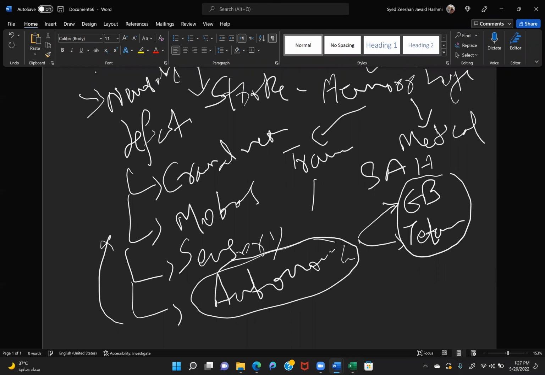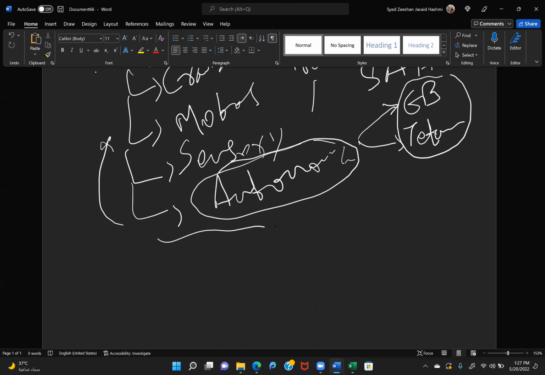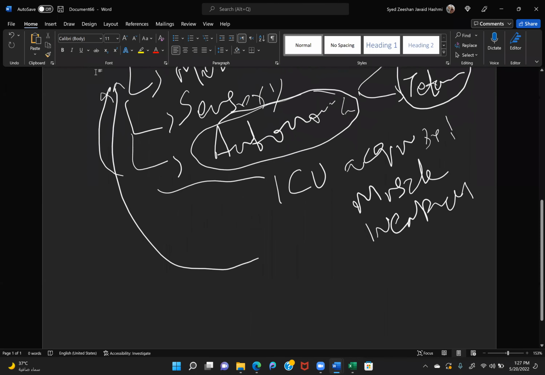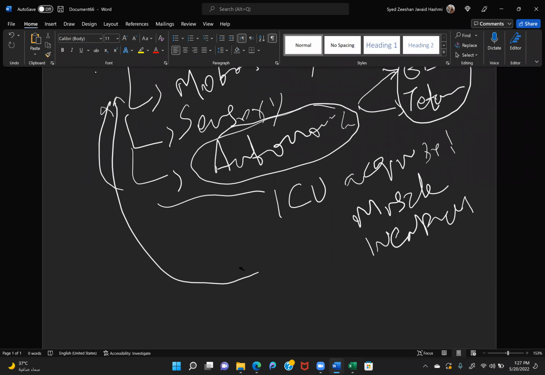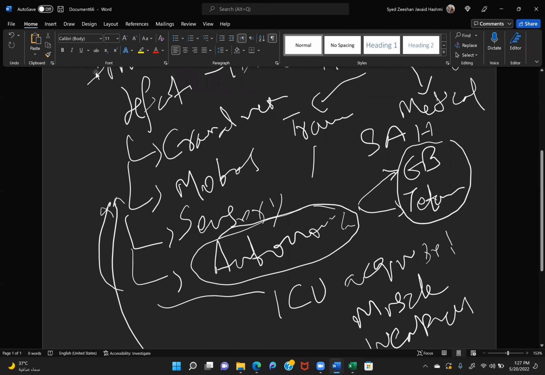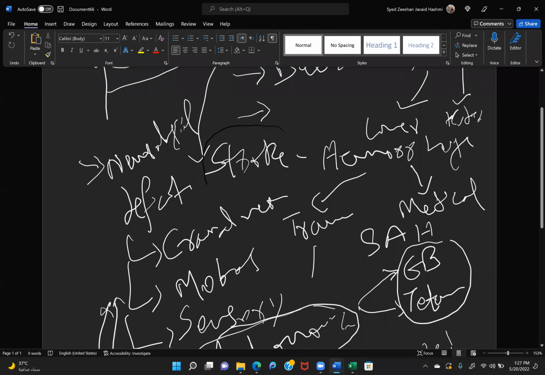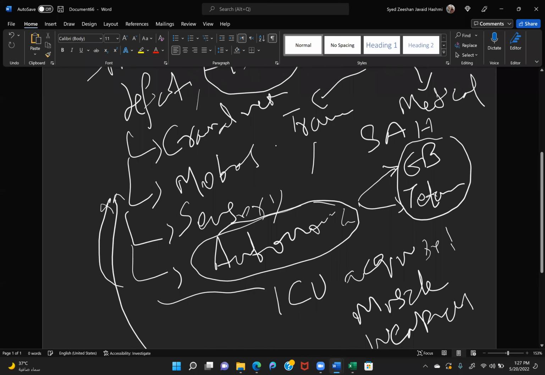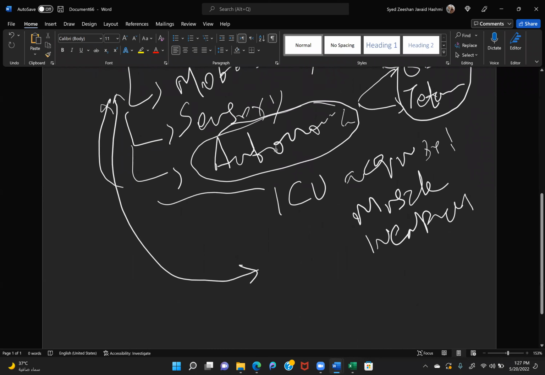Motor system, for example, is the development of ICU acquired muscle weakness. In that there is involvement of actually all the systems, but usually this will be one example. So in each of these you will be focusing on the presence of any cranial nerve deficit, motor deficit, sensory deficit or autonomic deficit.